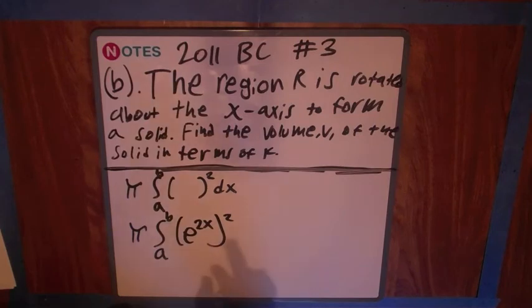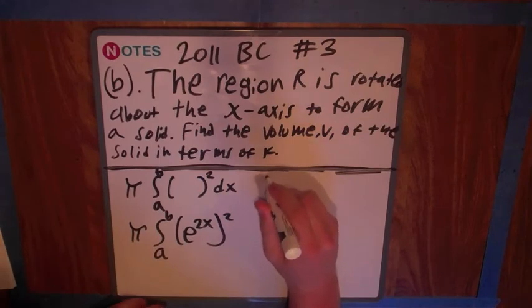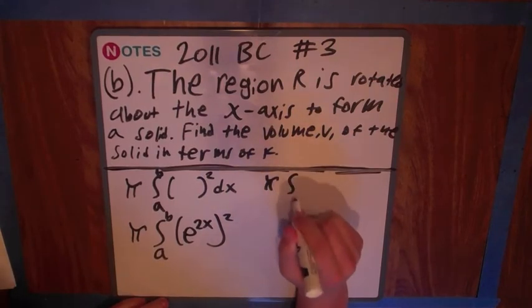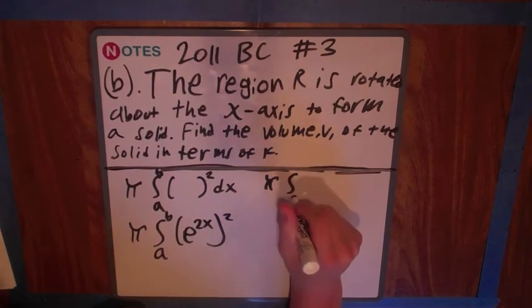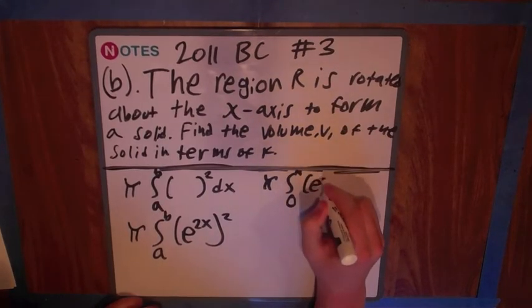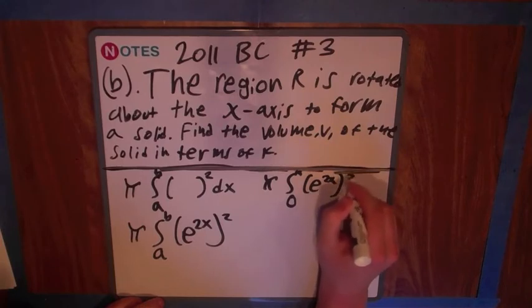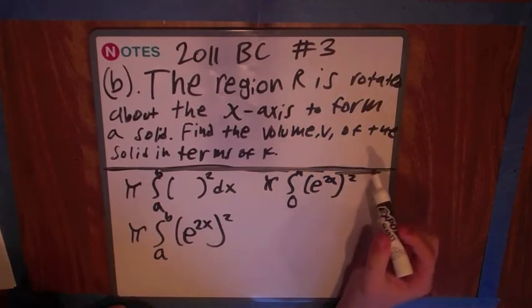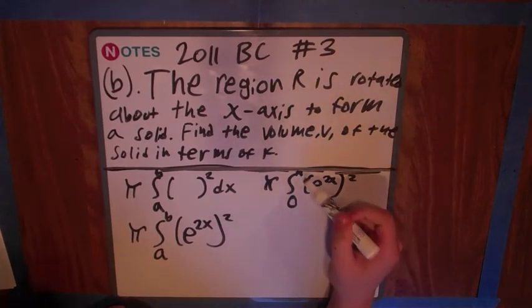Squared. Then we're going to plug in for a and b, our desired values to integrate on. So we want 0 to k, of e to the 2x squared. And then integrate using k.